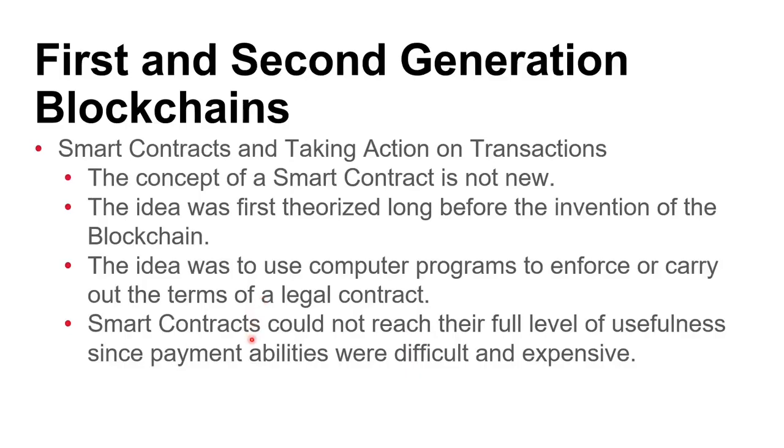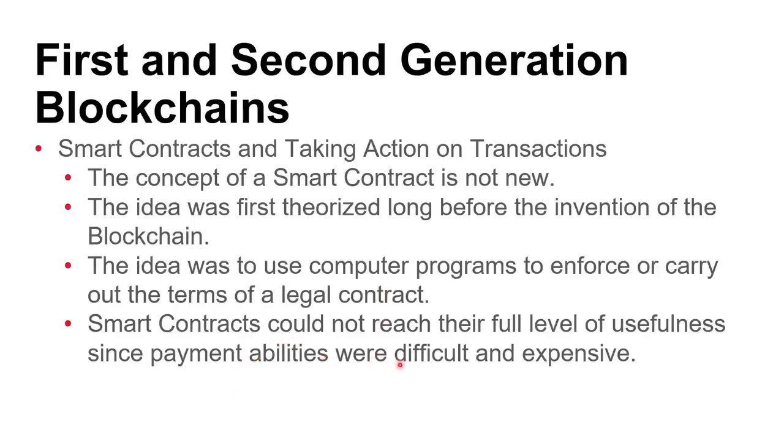A smart contract is computer code, essentially an application that you're running on the blockchain. It can execute the terms of an actual contract, but in reality, it has very little to do with a contract other than that it can enforce or carry out the terms of a legal contract.